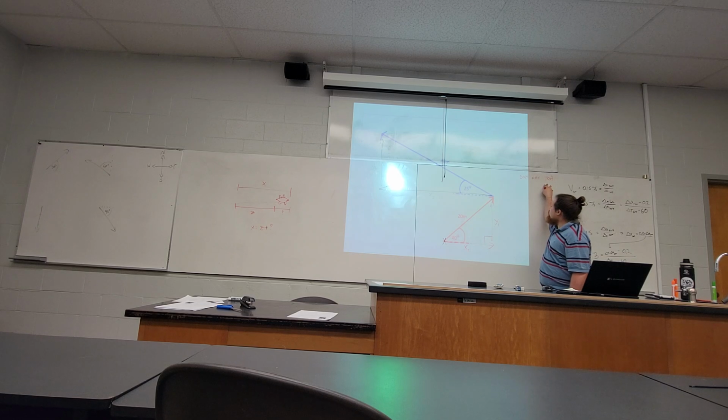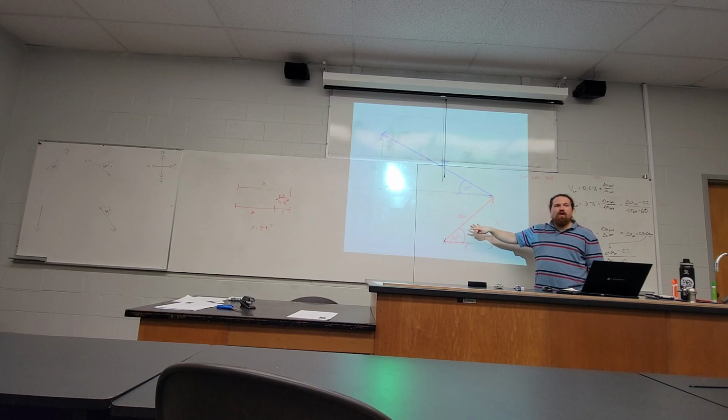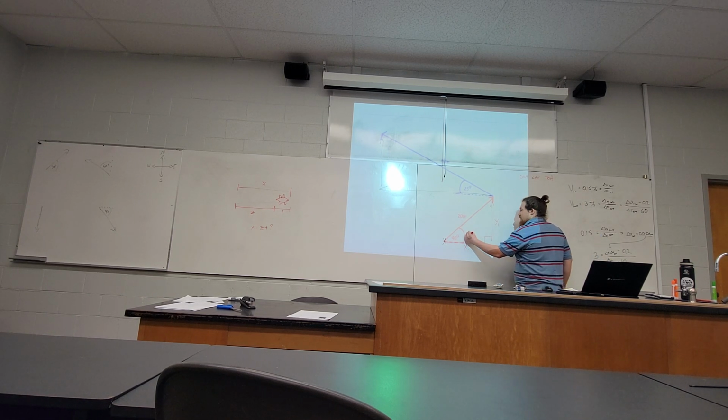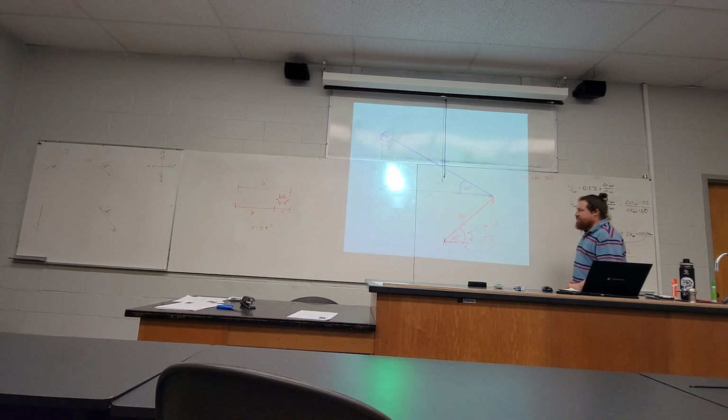In order to use SOHCAHTOA for each of these angles, we first have to redefine what opposite and adjacent are from our current perspective. So looking at this 40 degrees, what leg is the opposite leg? y1. Very good. And by process of elimination, that's going to leave x1 as adjacent, and the 20 will be our hypotenuse since it's the slanted one.